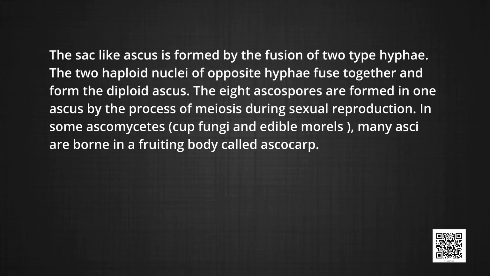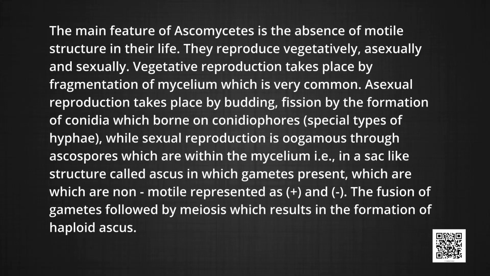In some Ascomycetes, cup fungi and edible morels, many asci are borne in a fruiting body called ascocarp. The main feature of Ascomycetes is the absence of motile structures in their life. They reproduce vegetatively, asexually and sexually. Vegetative reproduction takes place by fragmentation of mycelium, which is very common.